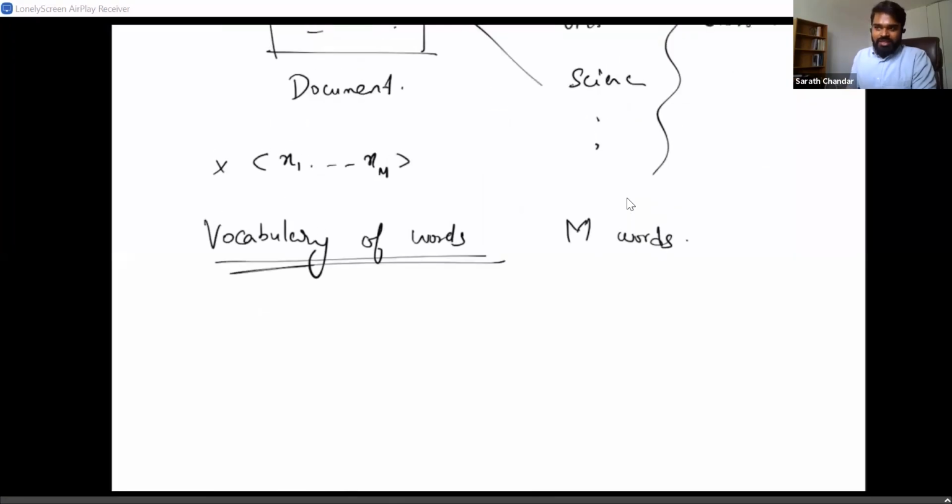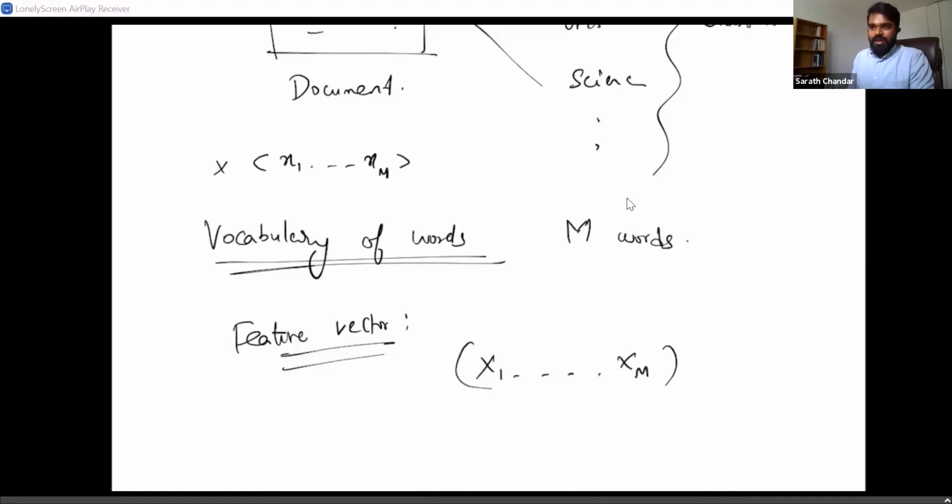Now I can construct an M-dimensional feature vector. My feature vector is going to be X1 to XM, where every entry in the feature vector is one word in the vocabulary. For example, X1 could be "a", the second word could be something else, the third word could be, I don't know, Canada, and so on.